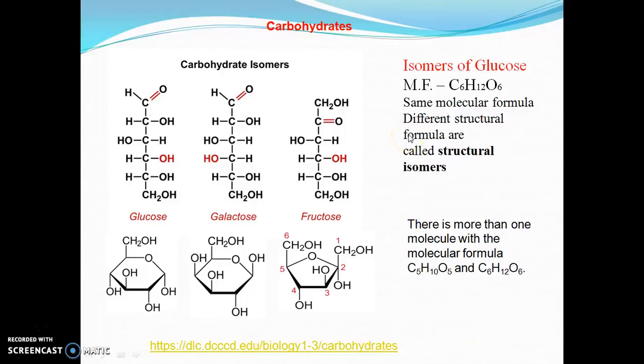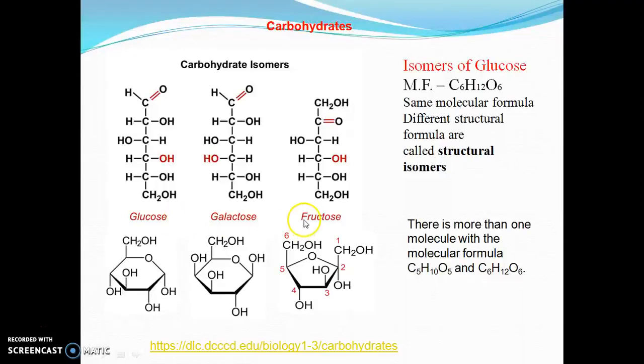So the next concept is isomers. We know that glucose and fructose have the same molecular formula C6H12O6. Another monosaccharide having the same molecular formula C6H12O6 is galactose.